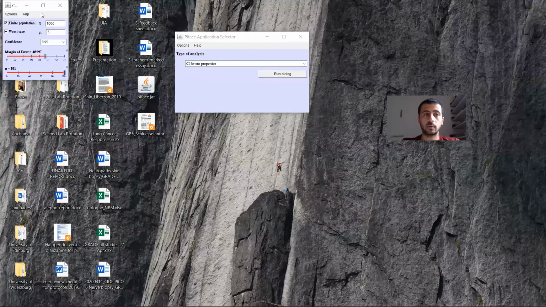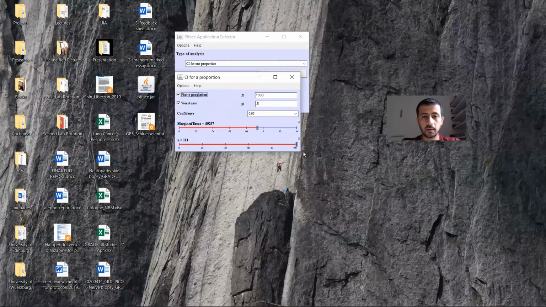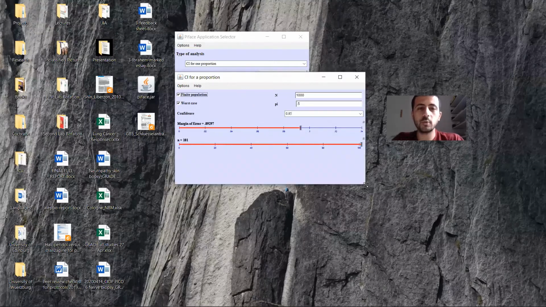Okay, this is our calculator. I don't know if you can see, actually I can barely see it, but I can extend the window, though the font will stay the same.